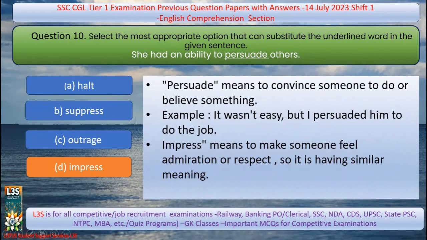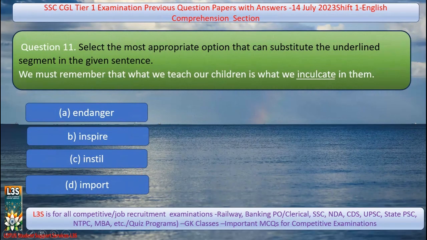Persuade means to convince someone to do or believe something. Example, it was not easy, but I persuaded him to do the job. Impress means to make someone feel admiration or respect. So it has a similar meaning, and D, impress is the correct option.